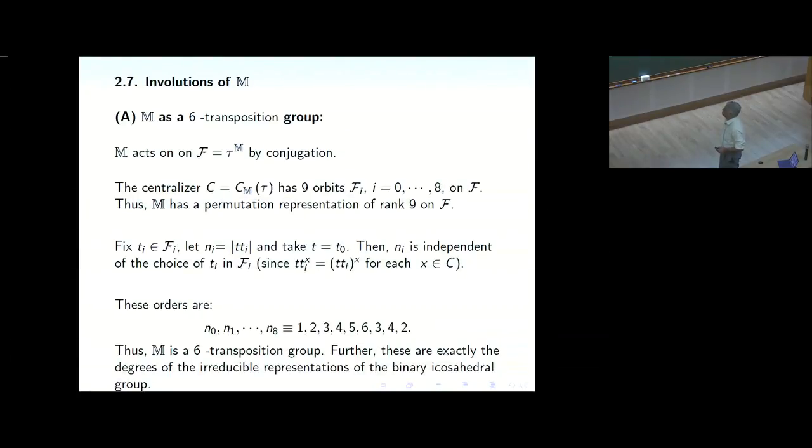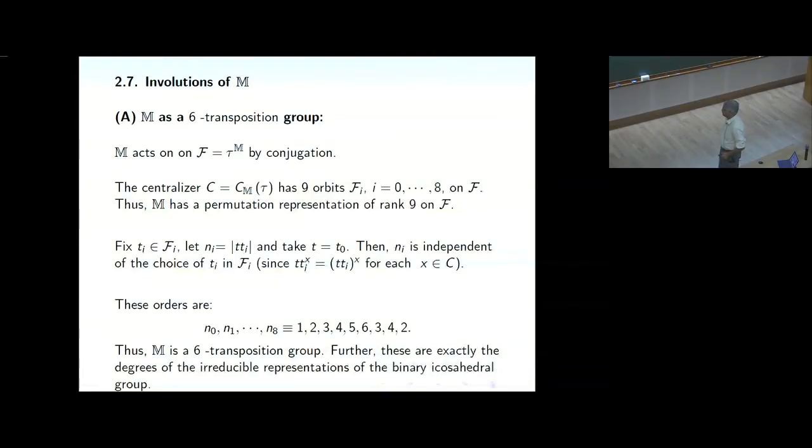If you look at the products of pairs of elements, they fall into 9 conjugacy classes. As you see, none of them has order more than 6. So M is a 6-transposition group.